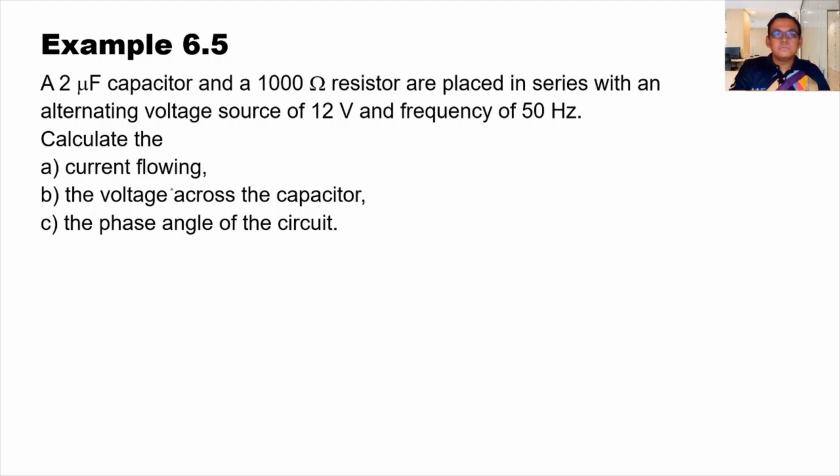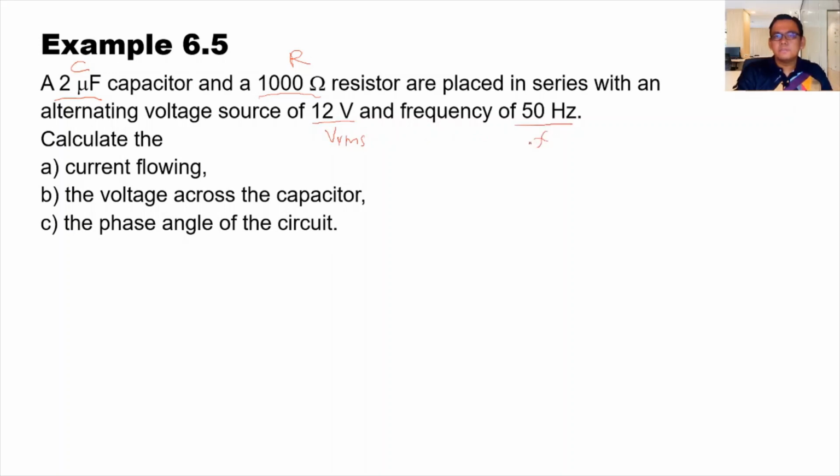Okay, example 6.5. A 2 microfarad capacitor, so this is capacitance, and 1000 ohm, so this is a resistance, are placed in series with an alternating voltage source of 12 volts. So this is the RMS voltage, and the frequency of 50 Hz.